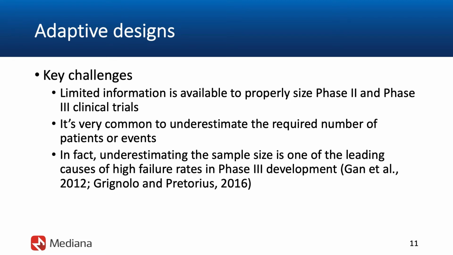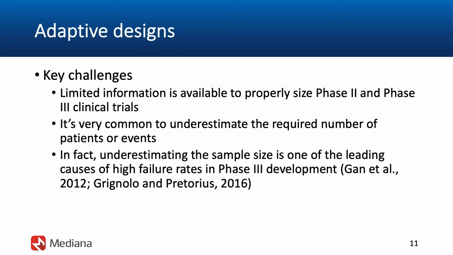Those designs employ interim assessments, and those interim assessments are mostly unblinded, and those unblinded interim analyses are used to examine the emerging trends in the trial data that includes both efficacy and safety data.